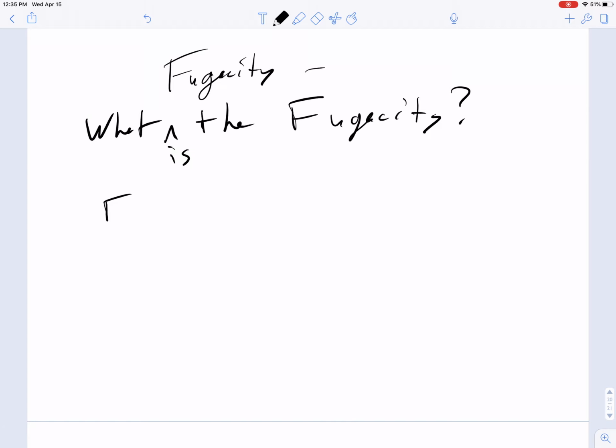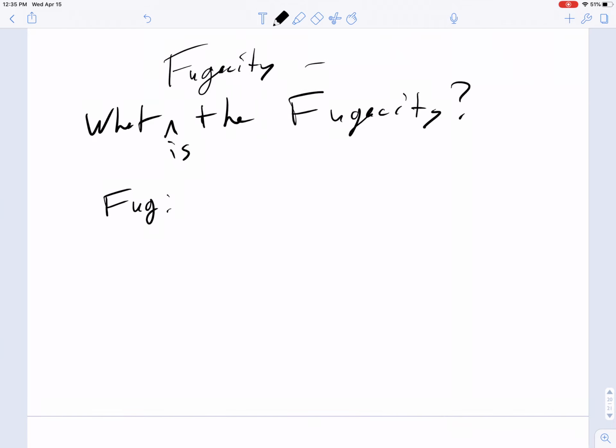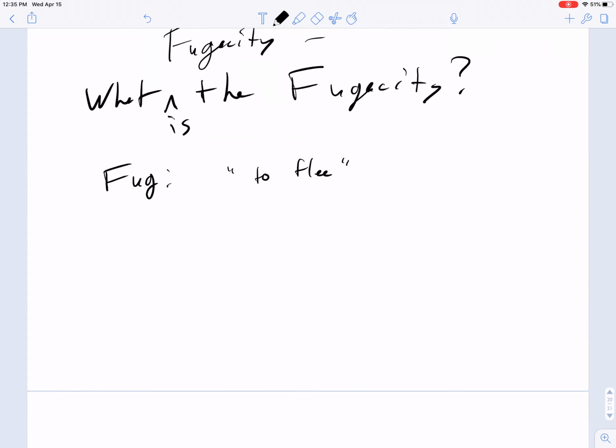Well, if we look at the root of the word, it has fuge. It's the root word from an ancient language that means to flee. Fugacity uses the same root word as fugitive. So fugitive and fugacity have that in common.